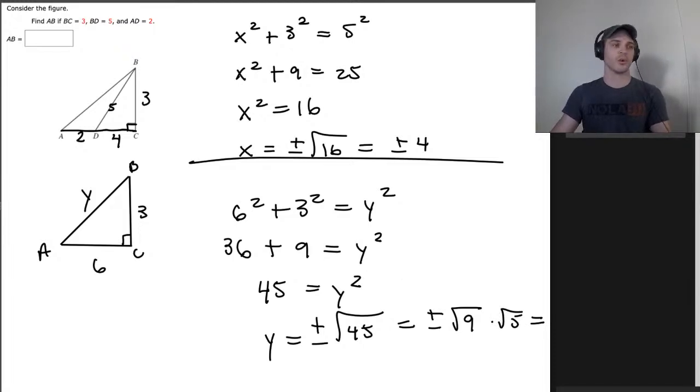If there's any question on how I did that, post it in the chat. Otherwise, we'll just keep it moving. And again, I've said this a few times, we're going to throw away the negative. Side lengths of a triangle can't be negative. So we're just left with the positive 3 root 5. Okay, there it is. That's a good one.